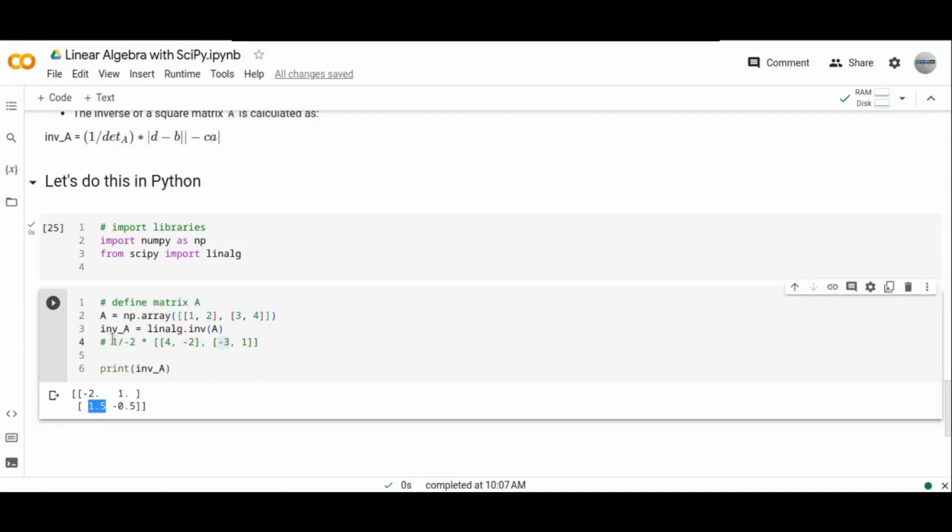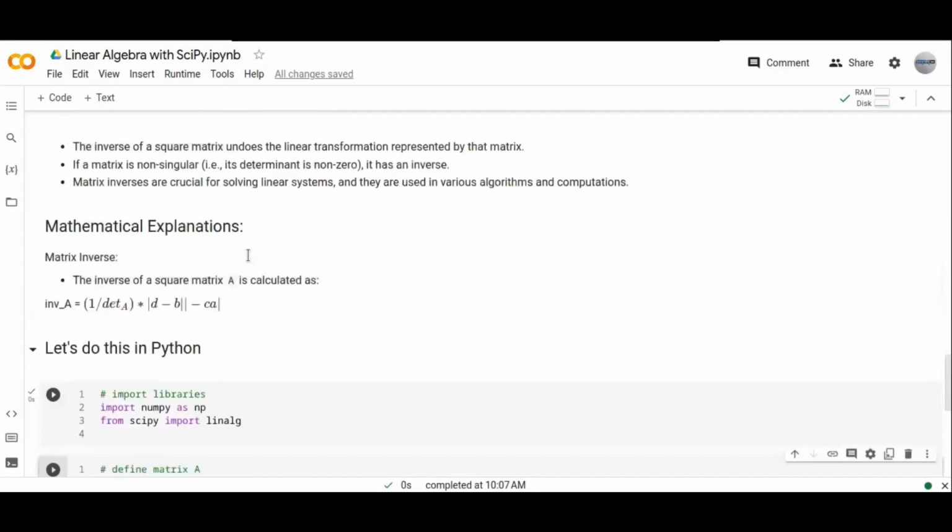And the last one, -1 over 2 multiplied by 1 is -0.5. So this is the inverse of matrix A. Easily we can calculate the inverse of matrix A using this SciPy Python program.